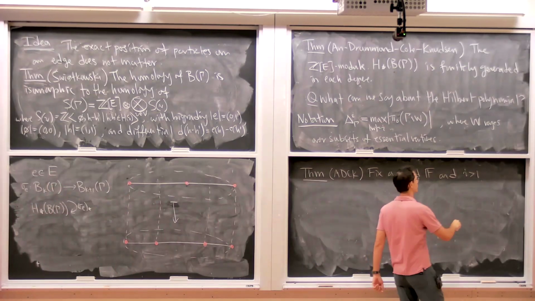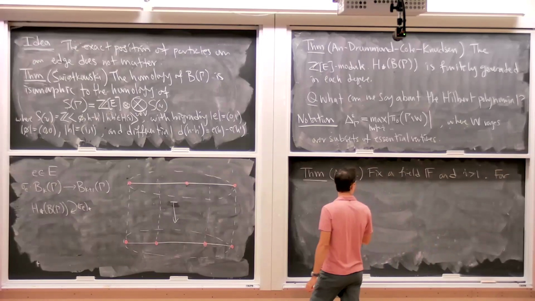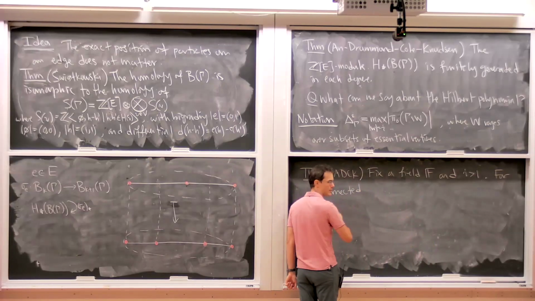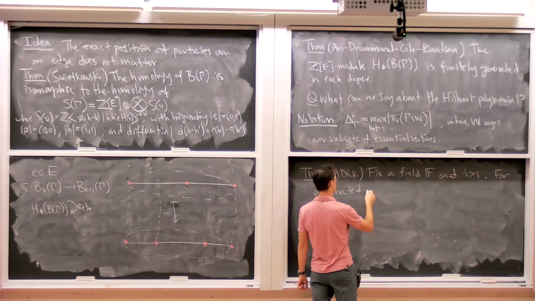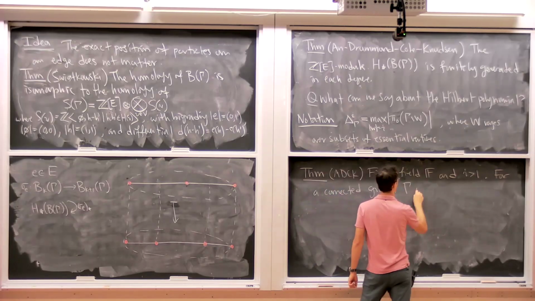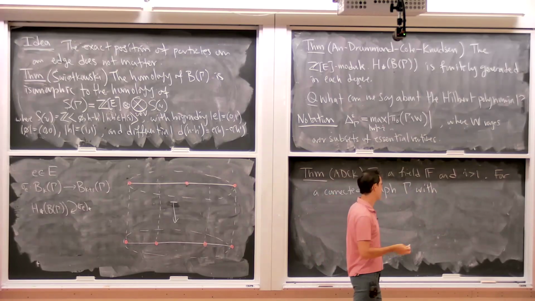And then let's look at a graph that's connected. That's also not really a restriction, but it is just for simplicity. And let's say that that graph is not a manifold, so it does have an essential vertex.